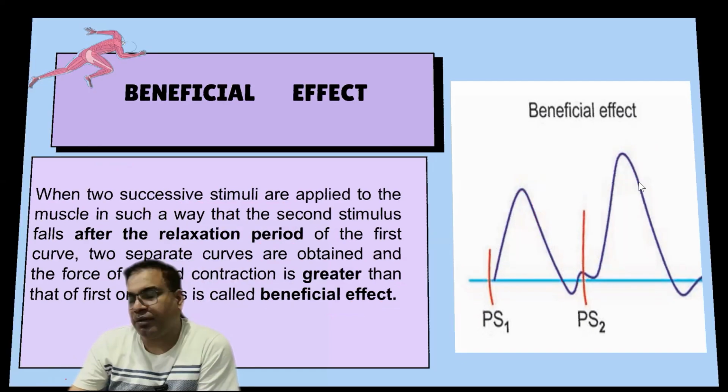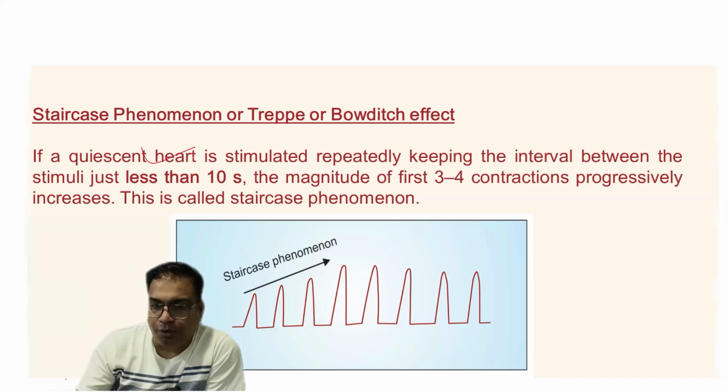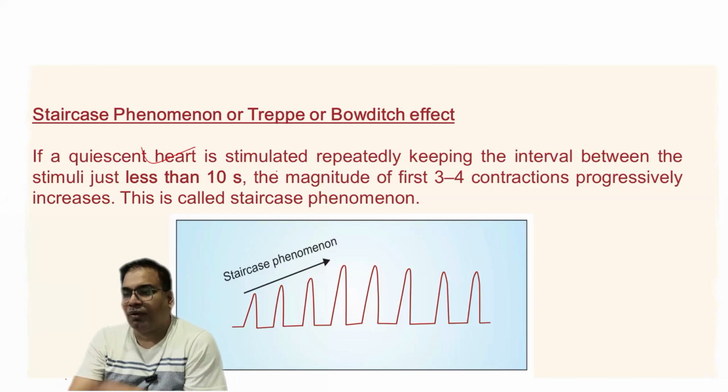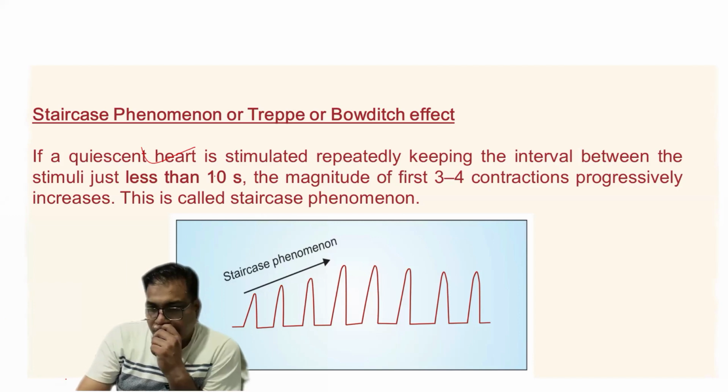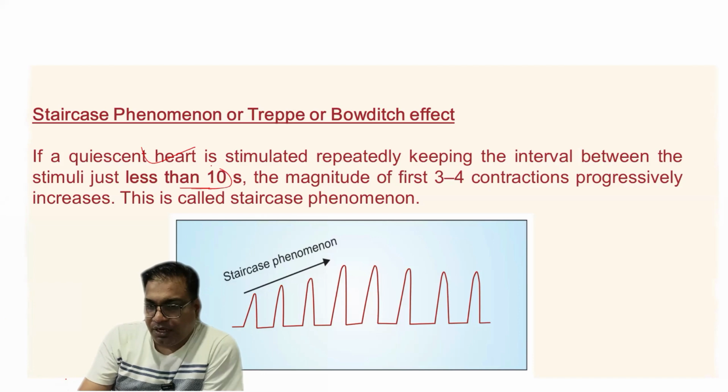In previous classes, we have studied the trapeze phenomena or staircase phenomena or Bowditch effect. If we apply stimulus in less than 10 seconds, then the magnitude of the first 3-4 contractions progressively increases.